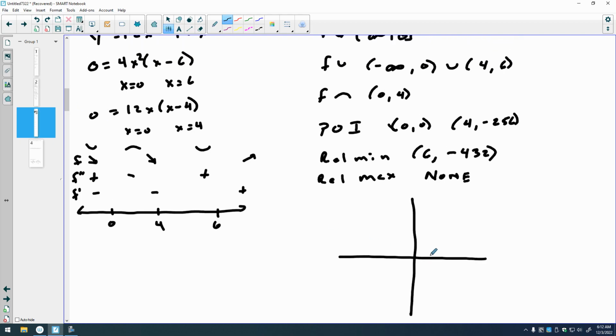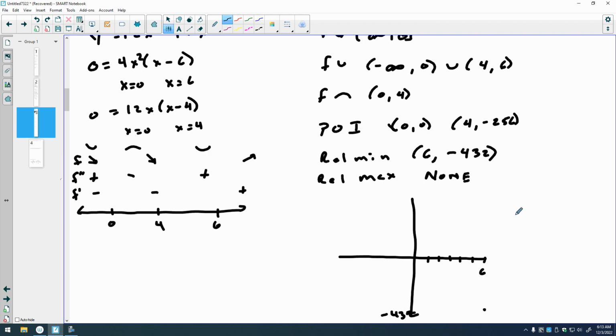Relative min at 6. 1, 2, 3, 4, 5, 6. Negative 432. I'm just going to stick that down here a ways. And we have no relative max.